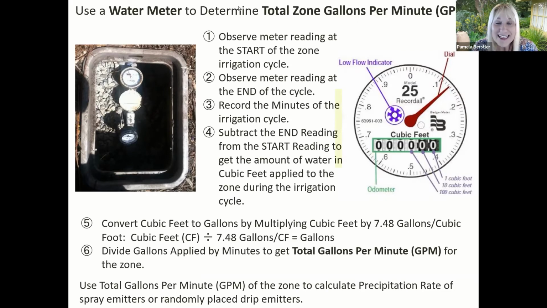The way that you do that is you divide cubic feet by 7.48, because there are 7.48 gallons per cubic foot of water. So you divide the cubic feet number by 7.48 and you come up with the gallons, and that will tell you how many gallons have been delivered per minute.